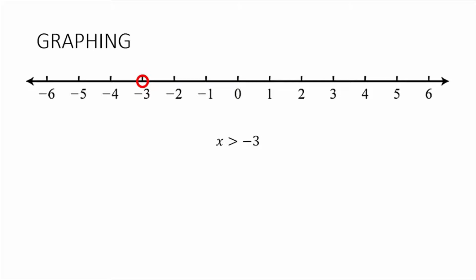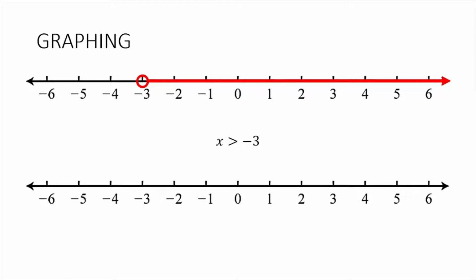Okay, and then from -3, since x can be any real number greater than -3, so we include all real numbers to the right of -3, going to positive infinity. Okay, or instead of using an open circle, we can also use parentheses. So in this case, from -3 again, and then going to the positive direction, going to positive infinity.